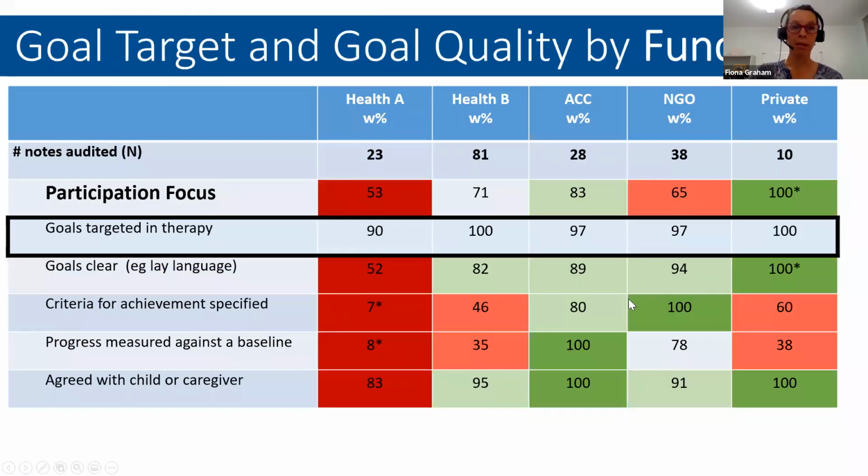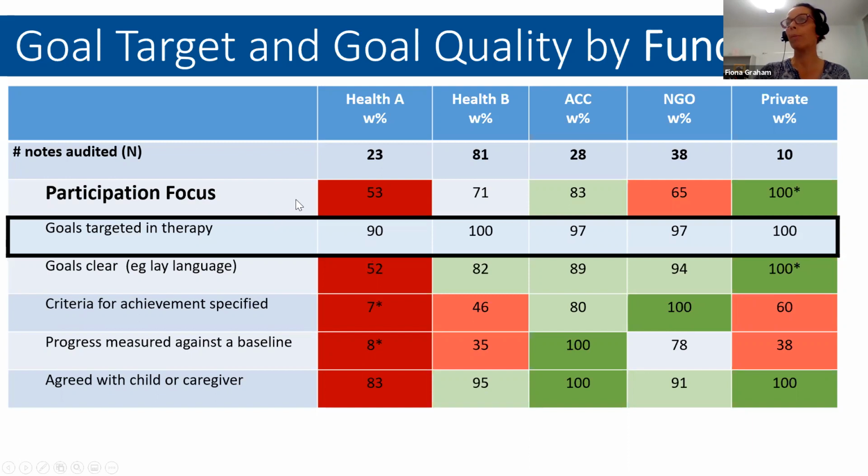We looked at it by funder to see whether that was a significant factor in the way that participation was targeted. So boxes in the red indicate areas of very low performance, which I guess you would say, in terms of how participation focused and clear goals were. Boxes that are coloured in green indicate high performing areas.